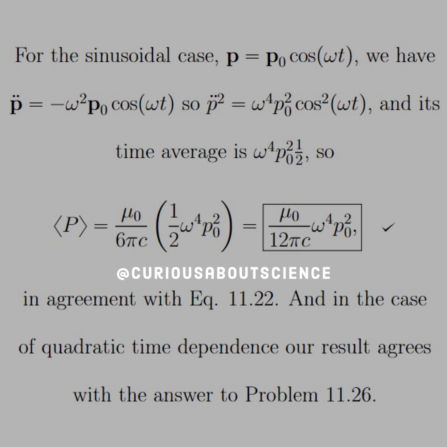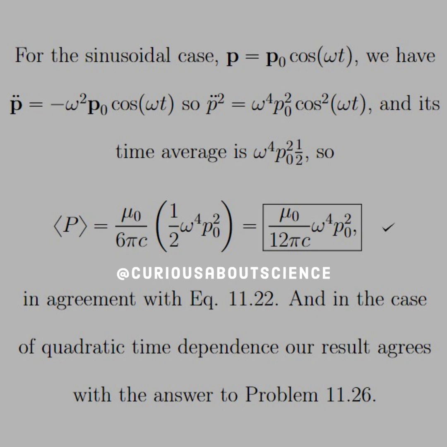If we take the double derivative, we get a negative omega squared term out, typical with these sinusoidal cases. So p double dot squared is equal to omega to the fourth, the negative signs cancel, of course, in the square, p naught squared cosine squared omega t.